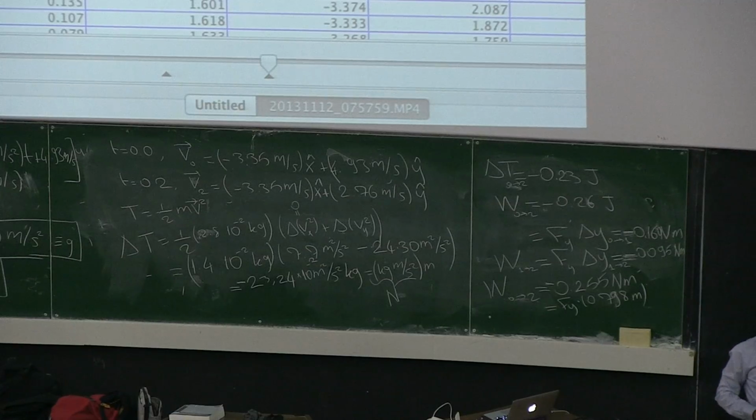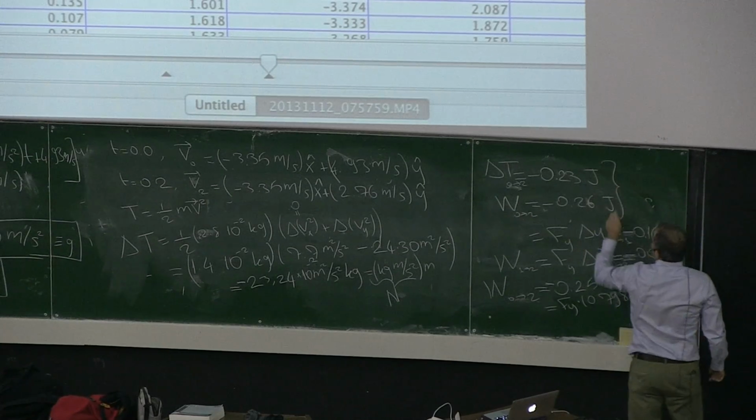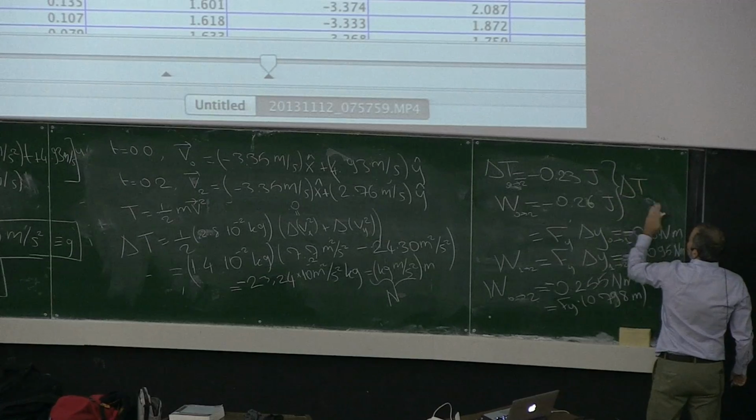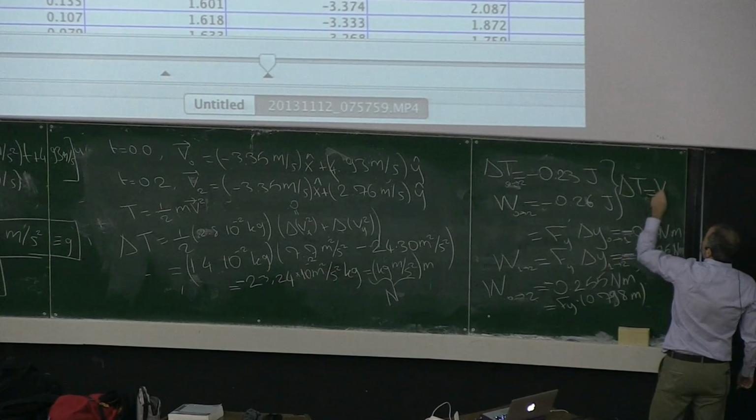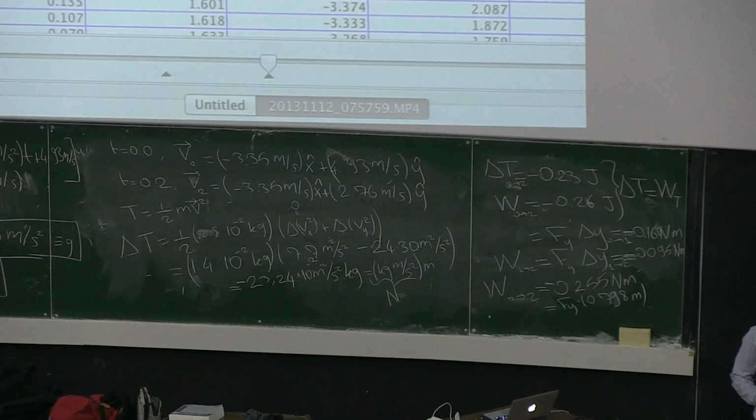If you are doing a negative work on the object, the kinetic energy is decreasing. If you are doing positive work on the object, the kinetic energy is increasing. And this is quite a general result. The change in the kinetic energy is equal to the total work done on the object.